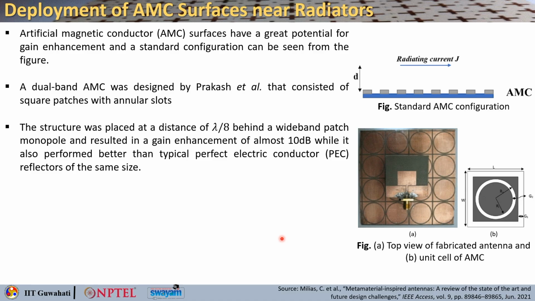This structure was placed at a distance lambda by 8 behind a wideband patch monopole, and this resulted in a gain enhancement of almost 10 dB. While it also performed better than typical PEC reflectors of the same size. So, artificial magnetic conductors are very good in enhancing the gain.